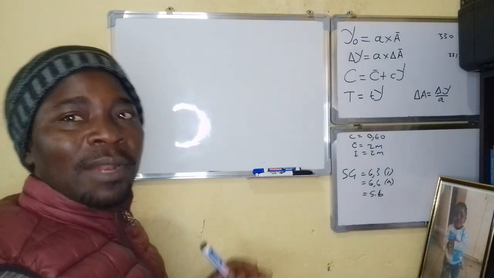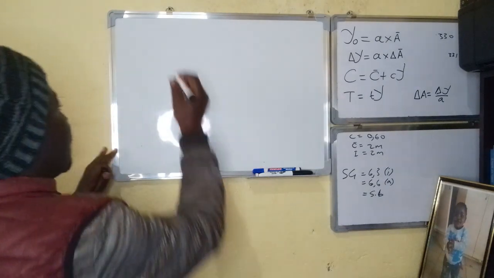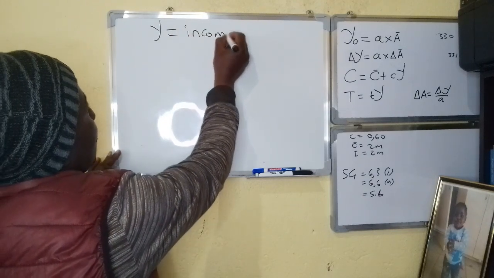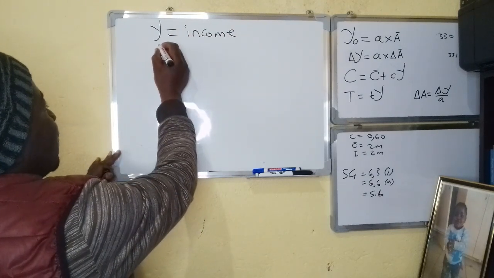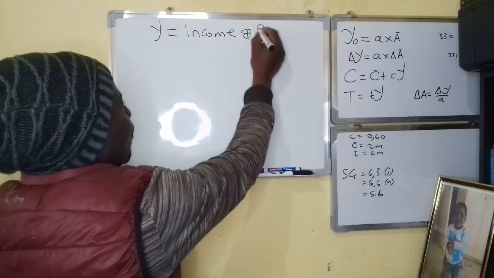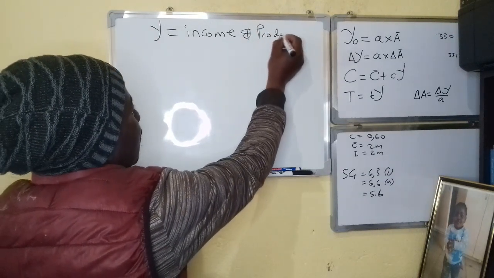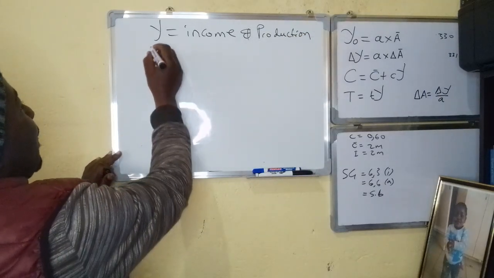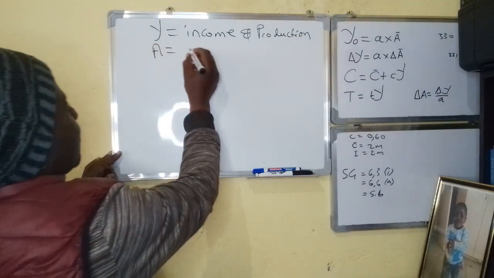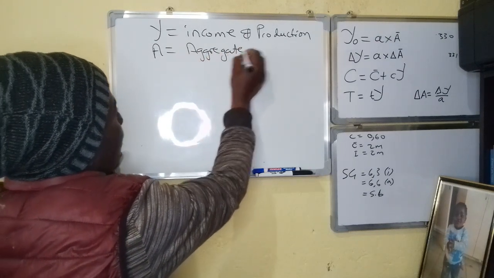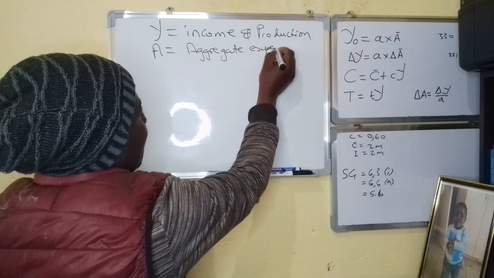You also need to familiarize yourself with the terms that are being used. This always represents income. And then this represents income and production. And then this represents aggregate expenditure.